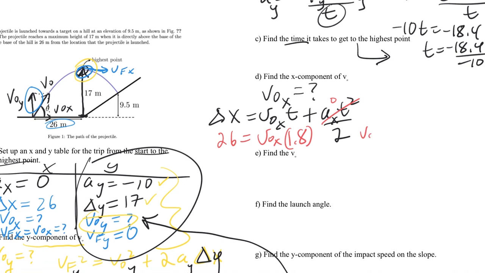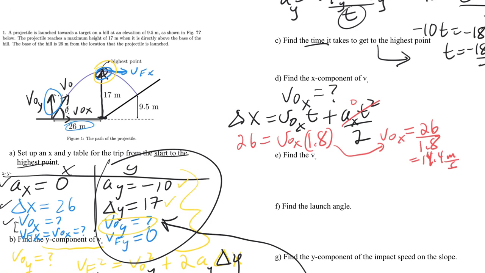So VOX is equal to 26 divided by 1.8, which comes out to be 14.444. So 14.4 meters per second. So that is the VOX right there in that picture.